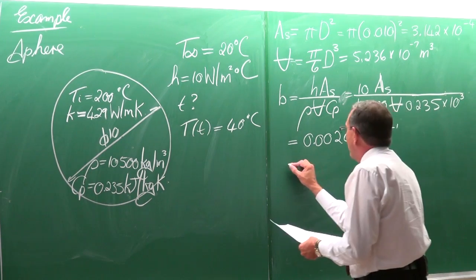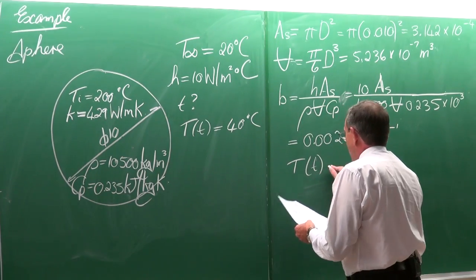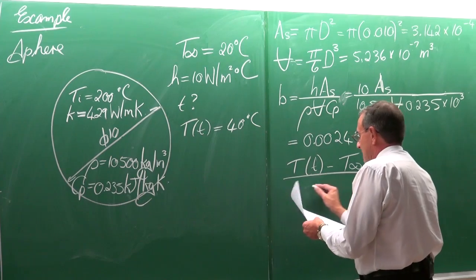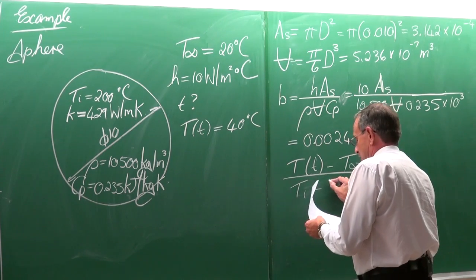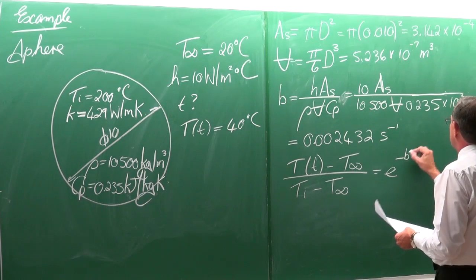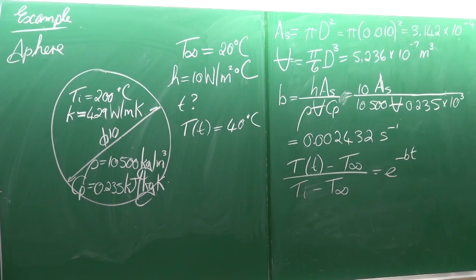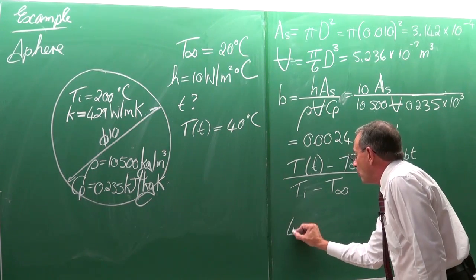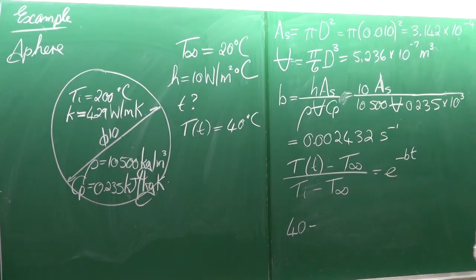So in terms of the formula that we've derived for the lumped system, the temperature minus T infinite divided by the initial temperature minus T infinite is equal to e to the minus BT. We want to know how long it will take before the temperature reaches 40 degrees Celsius.